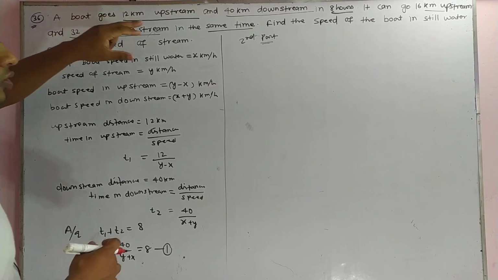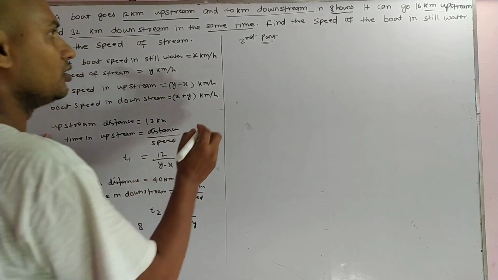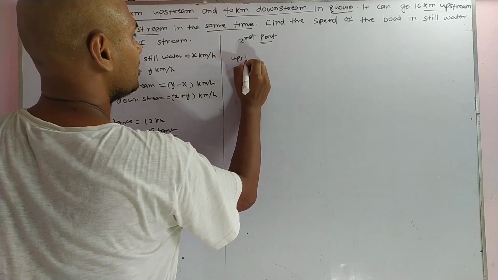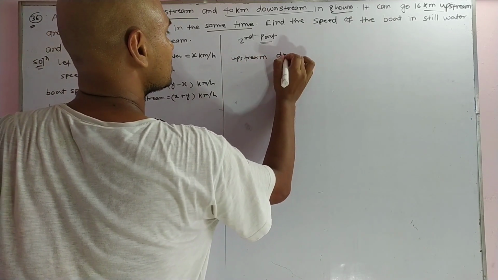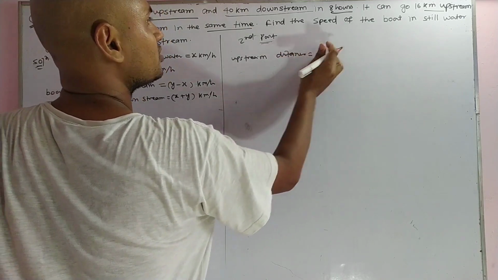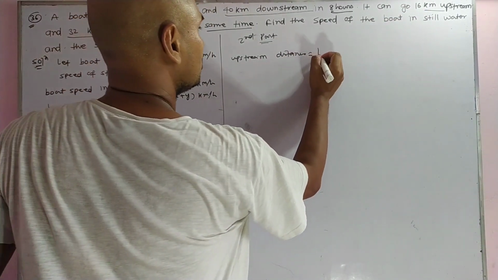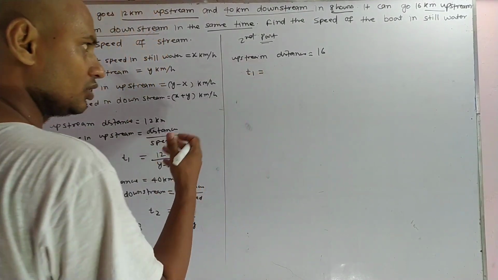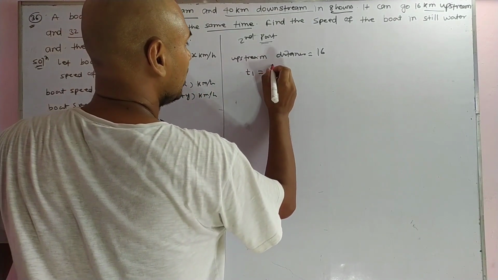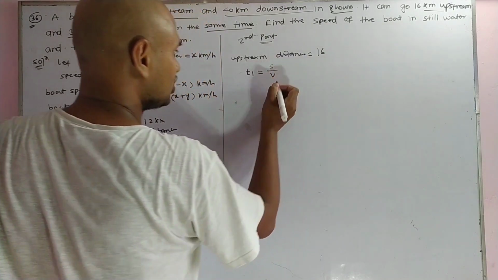So we can write here, in upstream the distance is 16 km. If one asks for t1, the time in upstream, that is equal to s by v, that is distance by speed.